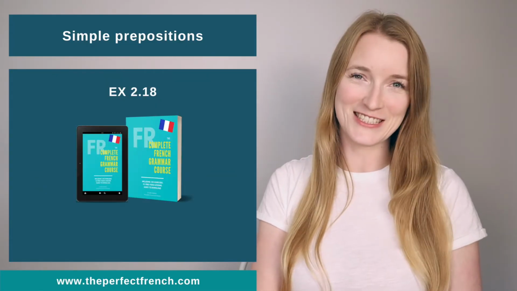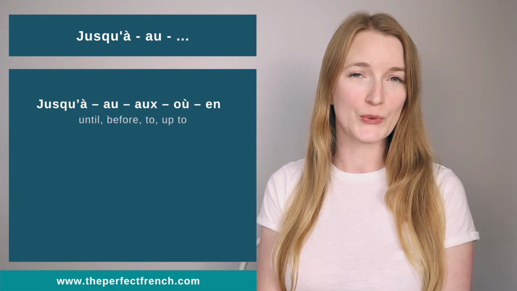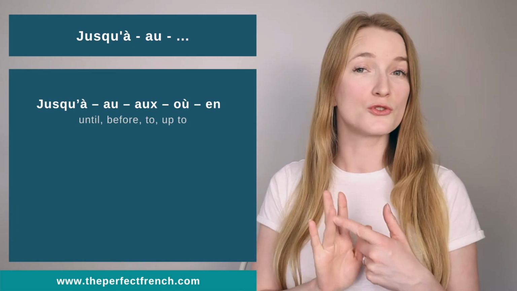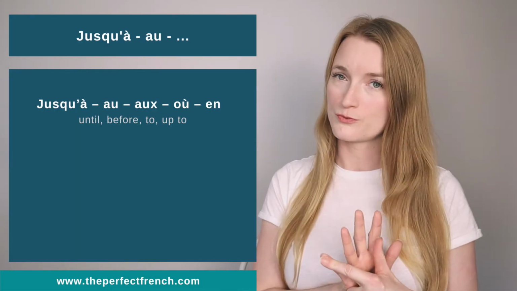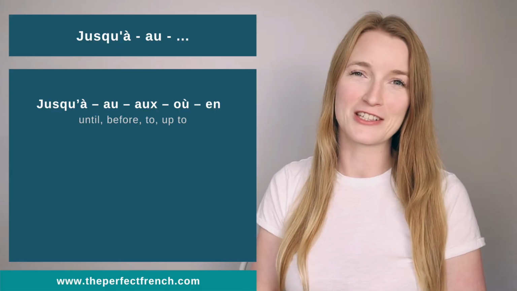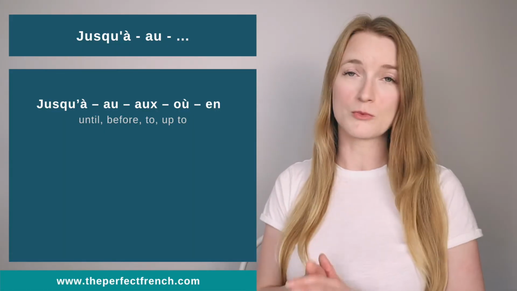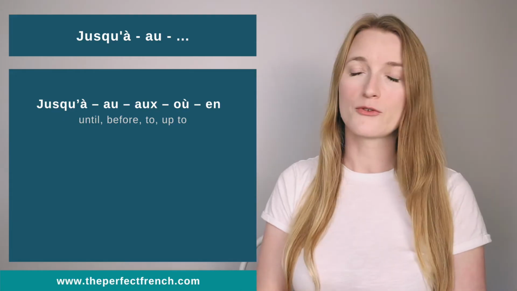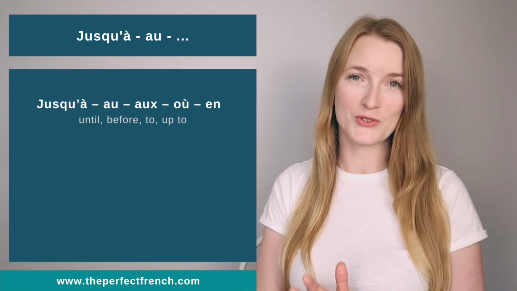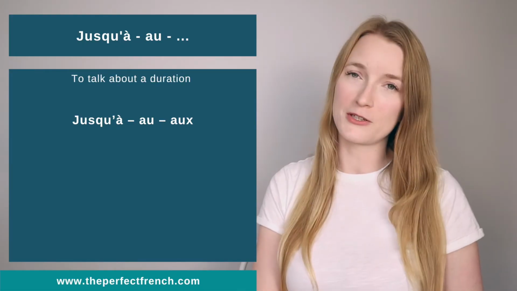Exercise 2.18. Now, jusqu'à, jusqu'au, jusqu'aux, jusqu'en, jusqu'où. This one can have many translations. We have until, which is going to be the one that you encounter the most, until, before, to, and up to. We use jusqu'à, jusqu'au, jusqu'aux to talk about a duration.